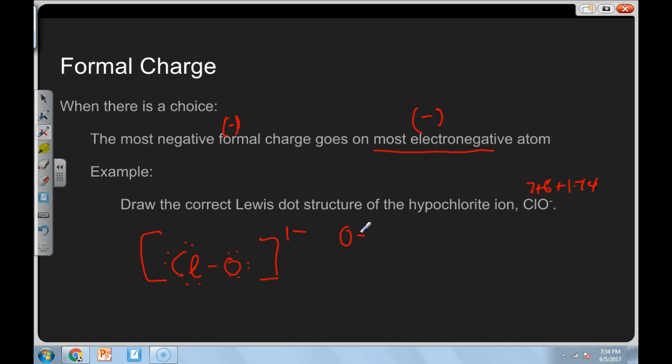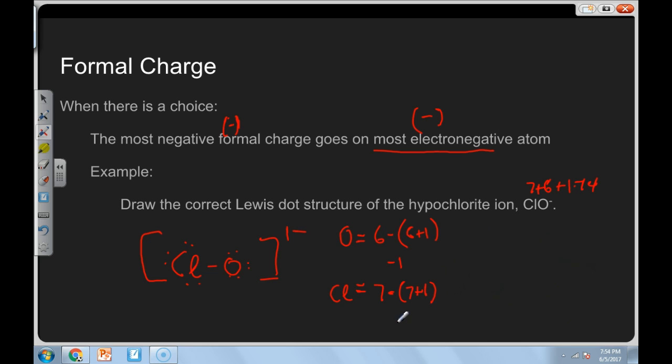That oxygen here has 6 minus 6 plus 1, and so that's a formal charge of -1. The chlorine has a formal charge of 7 minus 7 plus 1.